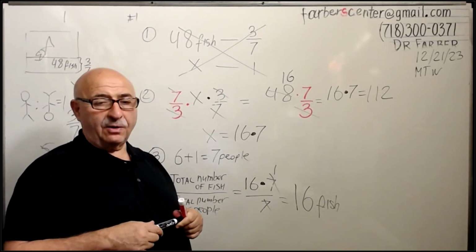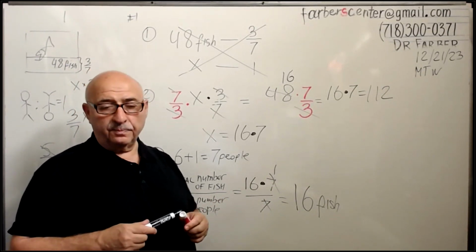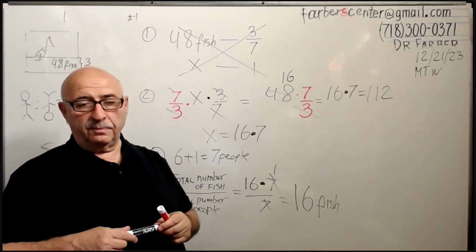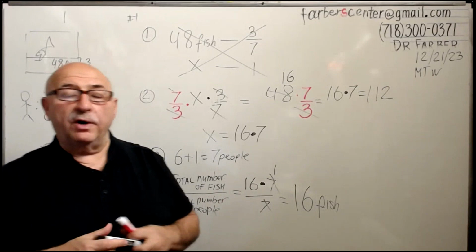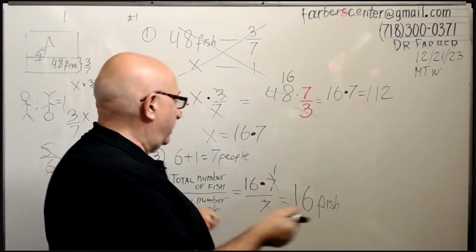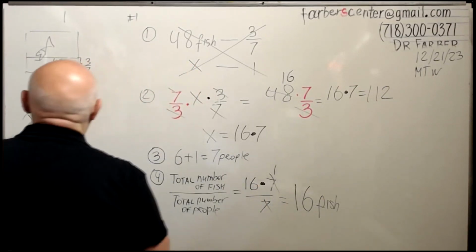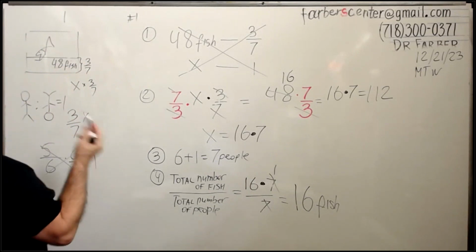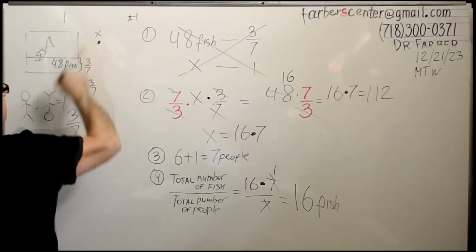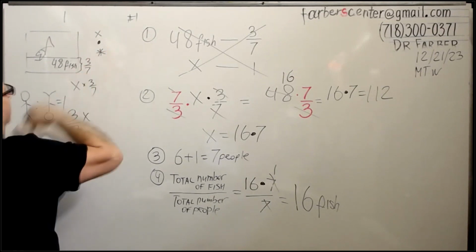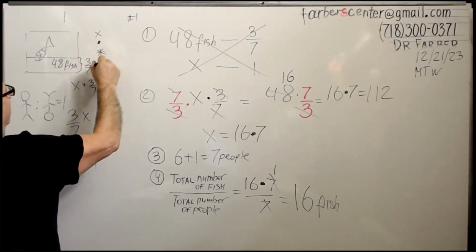When you cancel out, it's 16. But that 16.7 doesn't mean a point, it's multiplication. Look at this, I told you in the beginning. You can multiply like this in computer science, or just write 3x over 7.